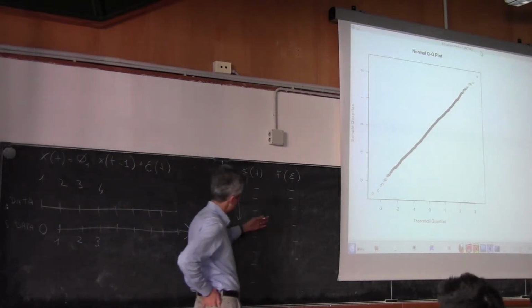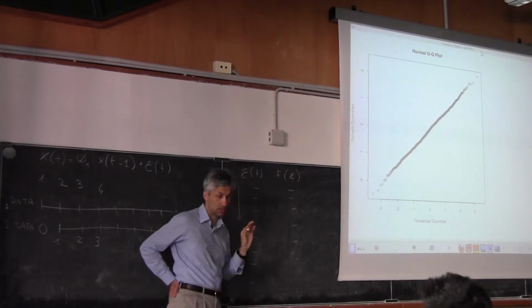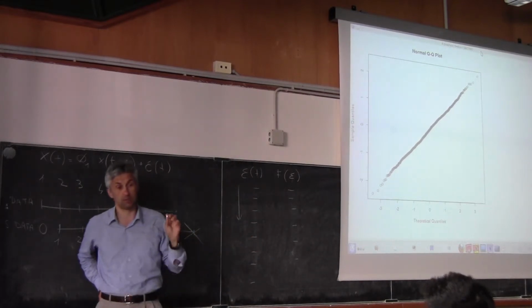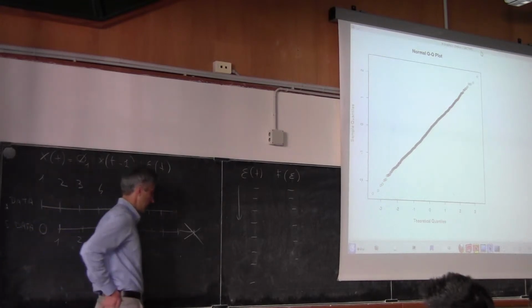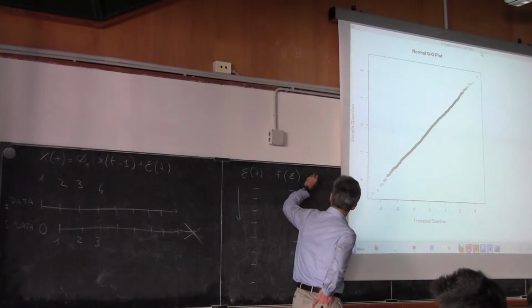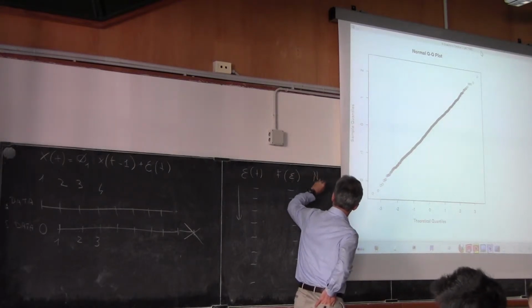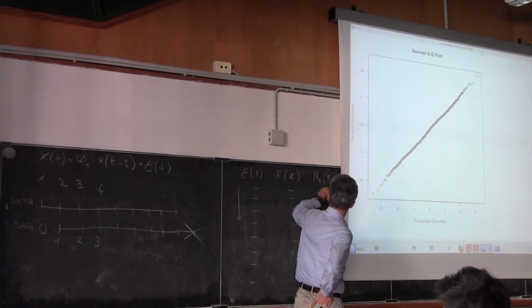So this cumulative frequency of non-exceedance is, as you know, an approximation for the probability of non-exceedance. And then I can compute the normal quantile, NQ of F here.